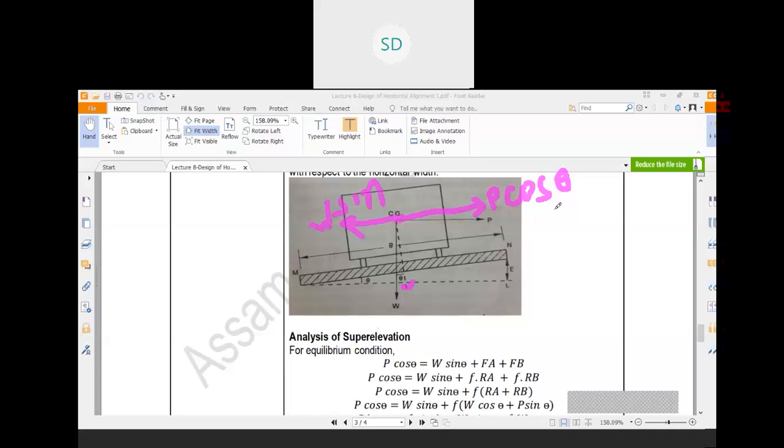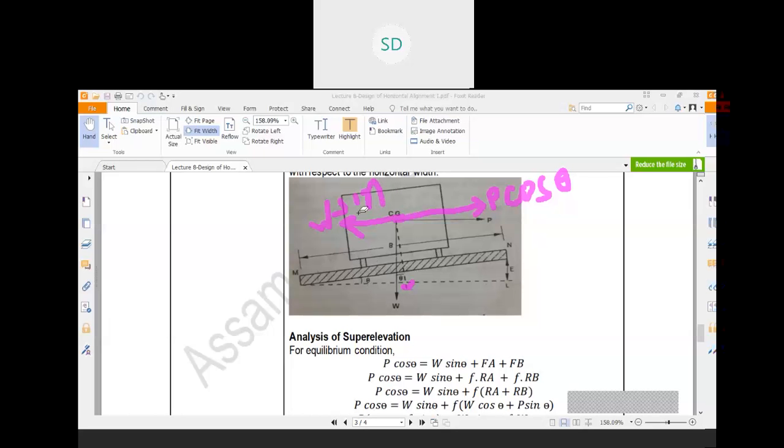Now see here, your P cos theta, that is the component of the centrifugal force, would be counteracted by W sin theta plus the frictional resistance offered between the tire or wheel and the road surface, that is Fa plus Fb.